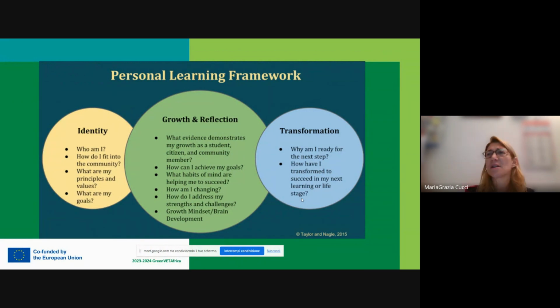For instance, a good habit of mind that helps me to succeed in my school goals is to be interested in lessons, to keep notes, to be active in the classroom, to be motivated to achieve the skills that the teacher is proposing to me.